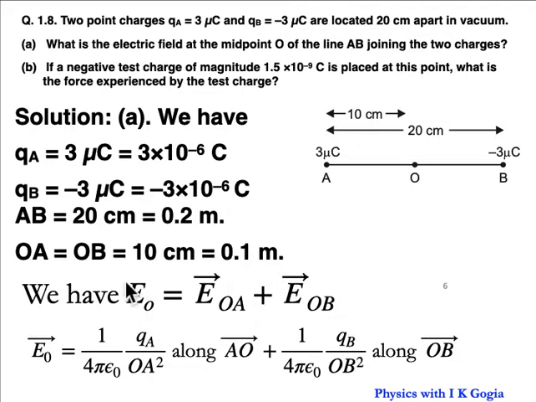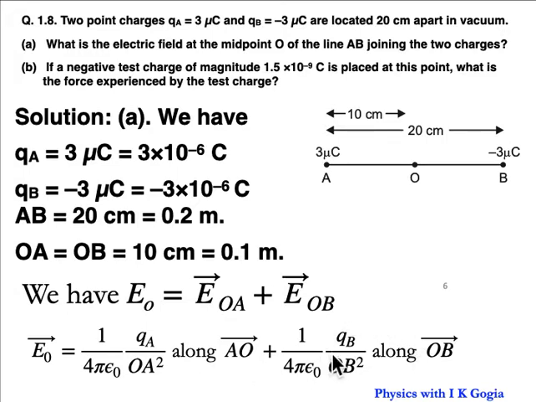So field at O is field at O due to A plus field at O due to B. We have to take the vector sum because field is a vector quantity. Field at O due to charge at A is 1 over 4 pi epsilon naught QA over OA square.